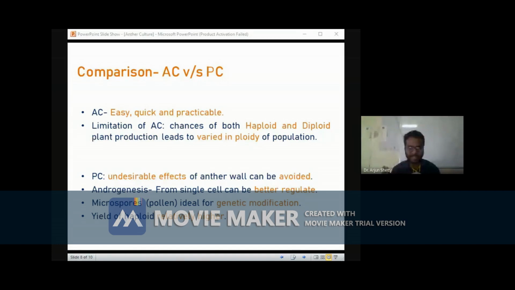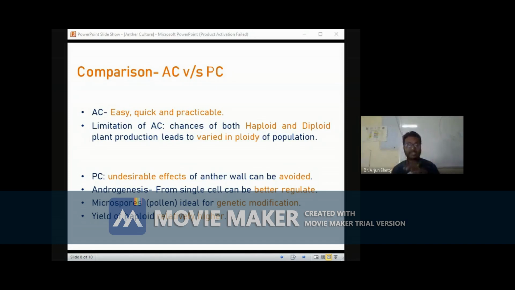So the microspores can be easily taken for genetic modification using genetic engineering techniques. And the yield of haploids will be greater with the pollen culture, because we are using only the pollens as the source of the starting material.